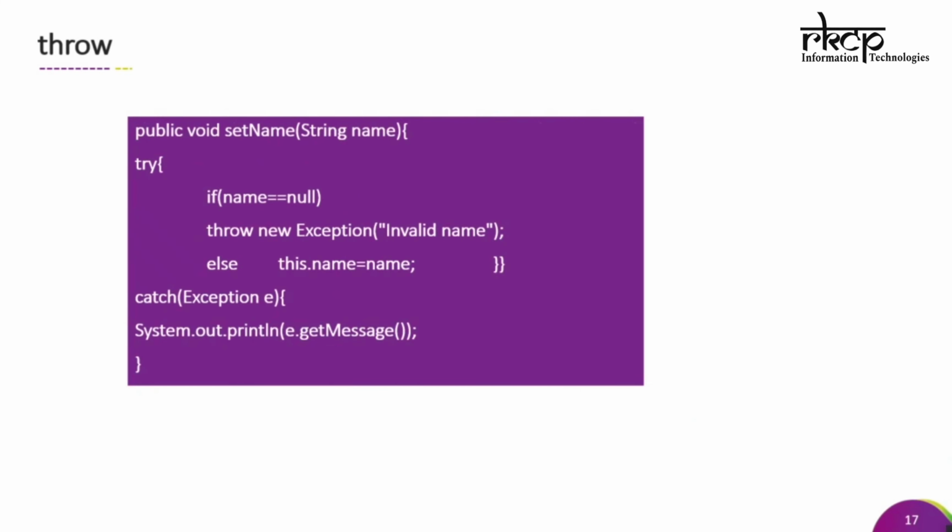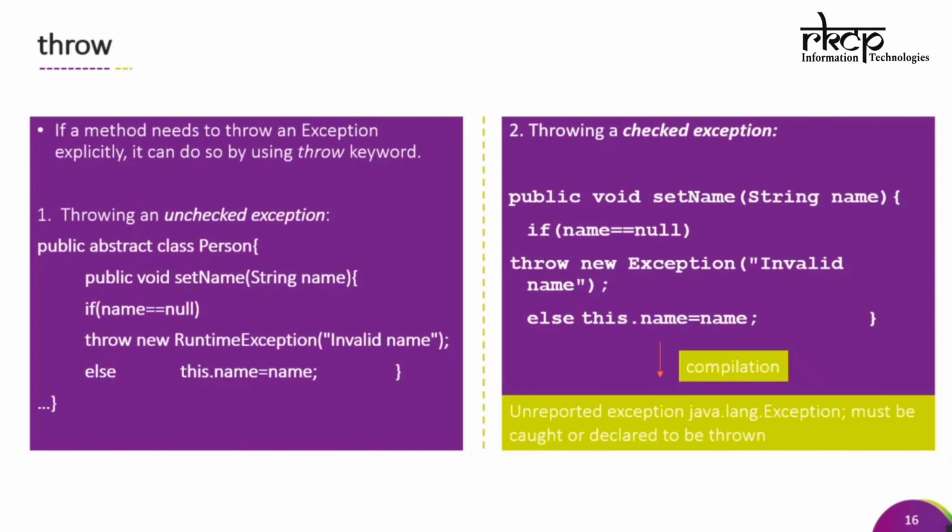So I hope that is clear. If you don't know how to handle it, you can use the throws keyword with your method. In the same way there is one more keyword, throw. If you want to throw an exception depending on your condition, like in this example, if name is null then you want to throw the exception. So if you want to throw some exception depending on a condition, you use the throw keyword.